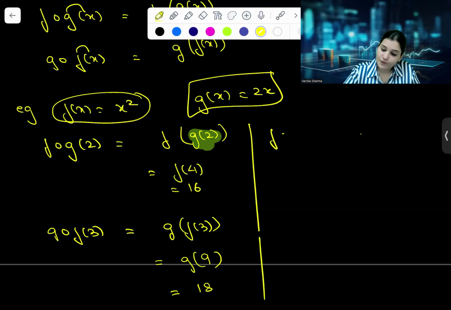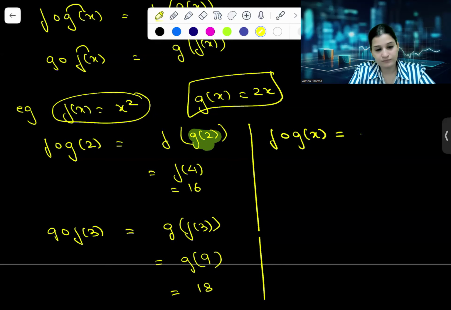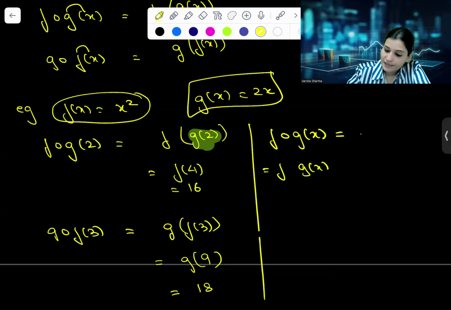Find out f composite g of x. First it is g of x, and then I'll apply that answer in it.